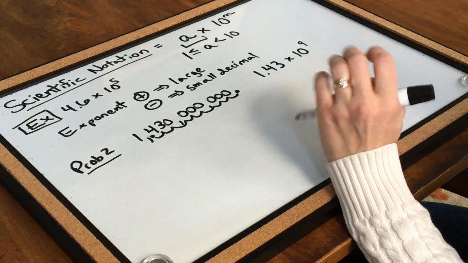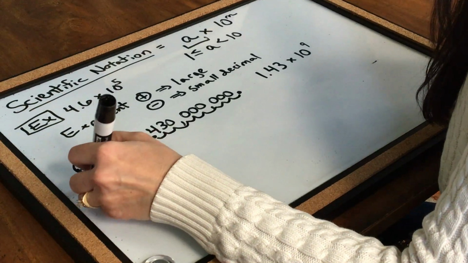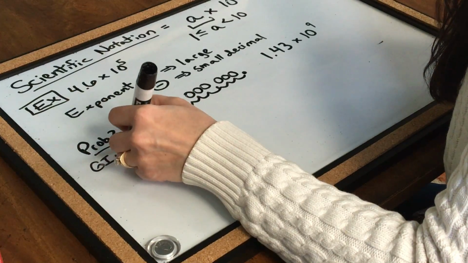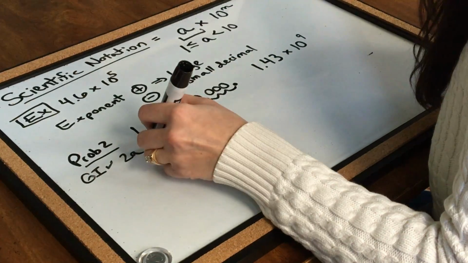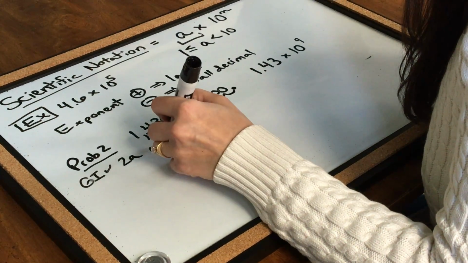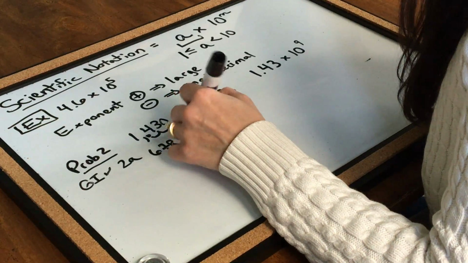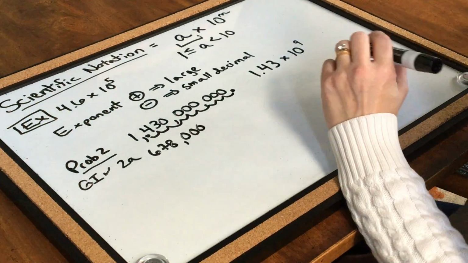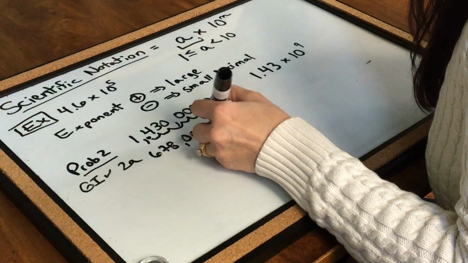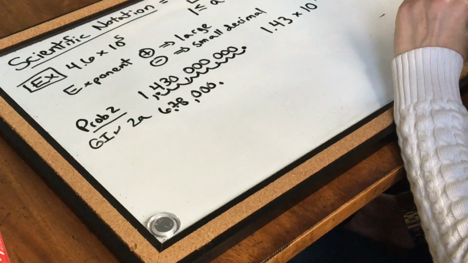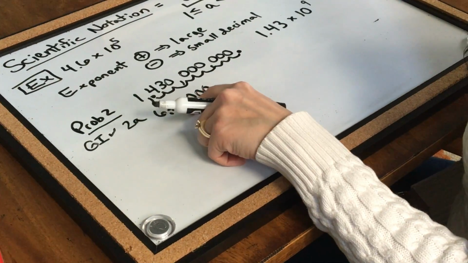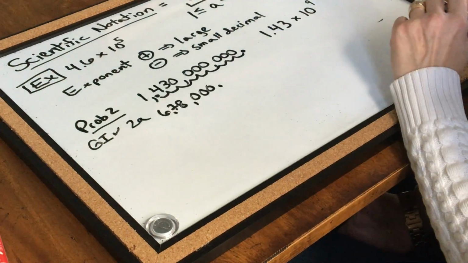Okay, so let's try got it check number 2. So we were doing got it check 2A. 2A gave us the number 678,000 and we were supposed to write it in scientific notation. So I'm going to put my decimal point in and aim for where it needs to go. 6.78 would be in between 1 and 10.